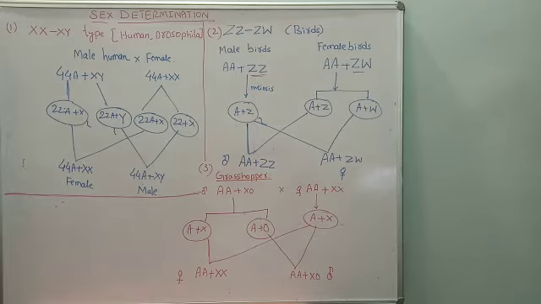Thus the sex of an individual can be determined in this way. Males are heterogametic, females are homogametic.